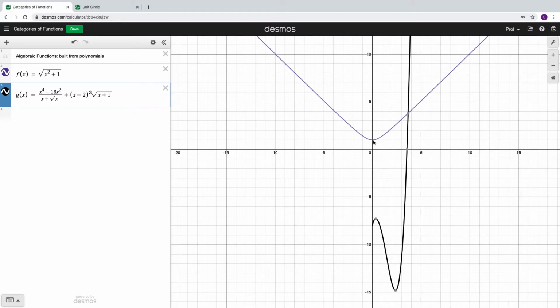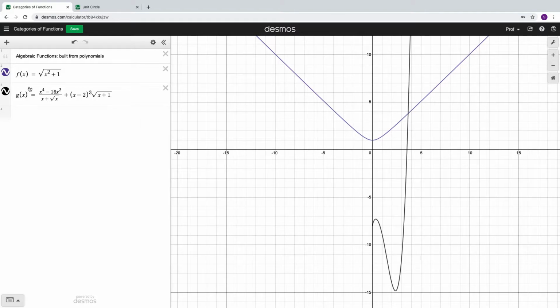You'll notice that these functions look quite different. They have different domains that are really impacted by not having a negative under the square root and not having a 0 in the denominator. The important thing I want you to notice is that your variable, your input x, is in the base, and you have a number in the exponent.